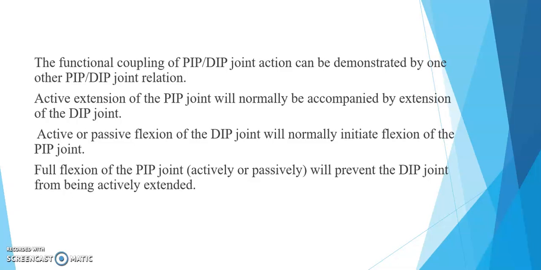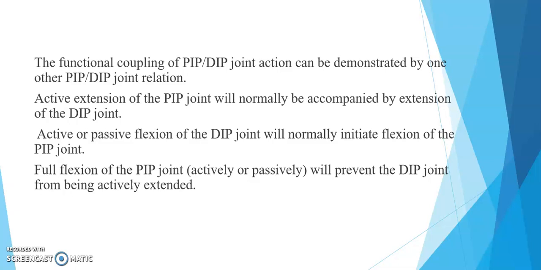Now do active or passive flexion of the DIP. Try to flex the distal interphalangeal joint, actively or passively. What will happen? You will initiate flexion of the PIP. That will also happen. The third point is that full flexion of the proximal interphalangeal joint, actively or passively, will prevent the DIP joint from being actively extended.